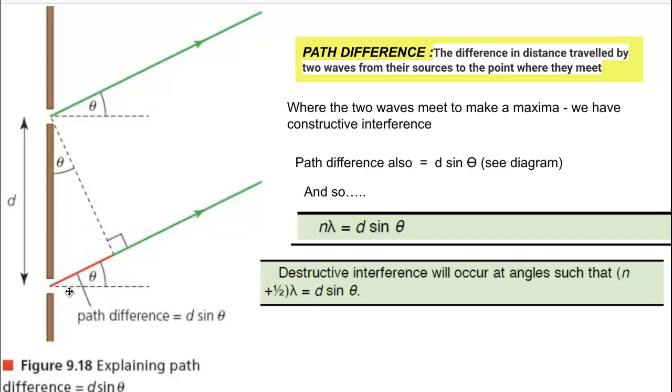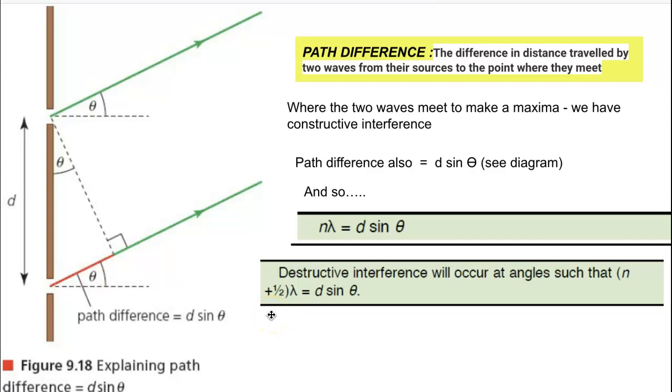It would be equal to half a wavelength in order to account for the fact that when a crest leaves here, it will meet a trough, which is half a wavelength away. And so the path difference would have to be equal to some whole number times half the wavelength. So just bear that in mind.